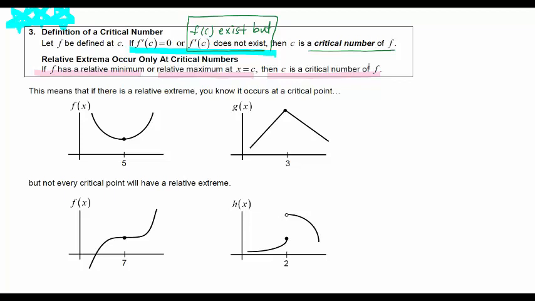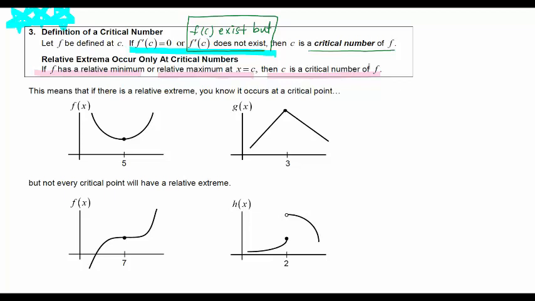So if you say, oh, if c is a critical number, then f of c is a relative max or relative min. No, that is not true. Just because c is a critical number doesn't guarantee that you will have a maximum or minimum there. But if a relative maximum does exist, then it's only happening at a critical number. That's what it's saying, so make sure that it is clear.